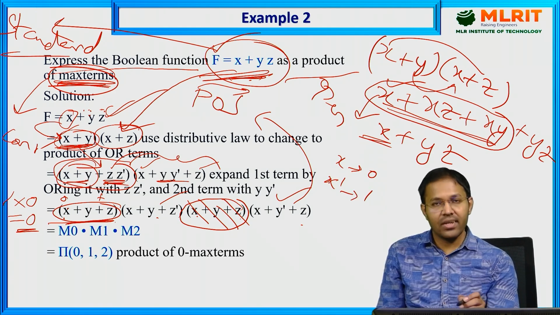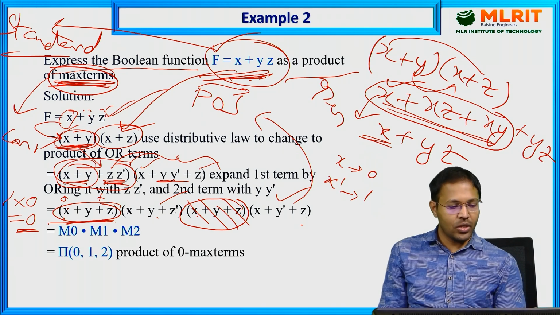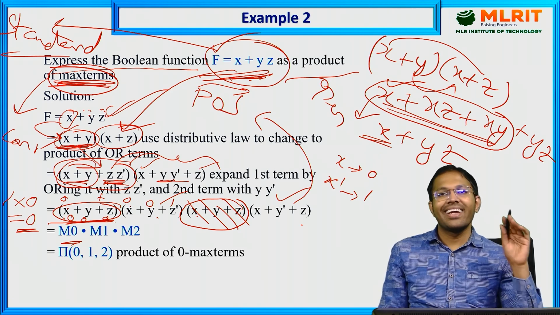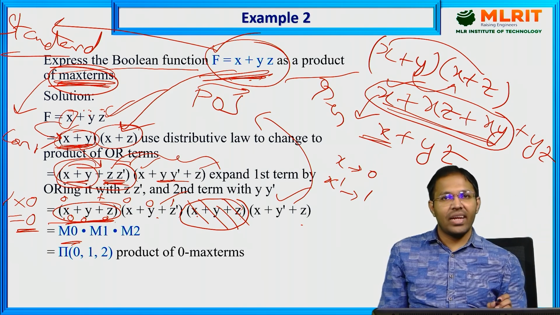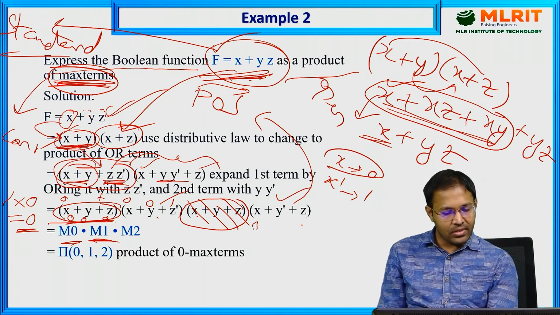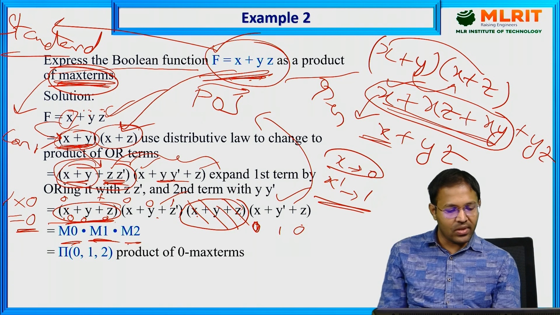X complement you will represent as 1. So this is as good as 0, 0, 0, decimal equivalent is 0. Next term, 0, 0, 1, the decimal equivalent is 1. Next, x is 0, right? X is 0, so in complement form you have to take 1, 0. So this is 2, hence you have a 2 here.